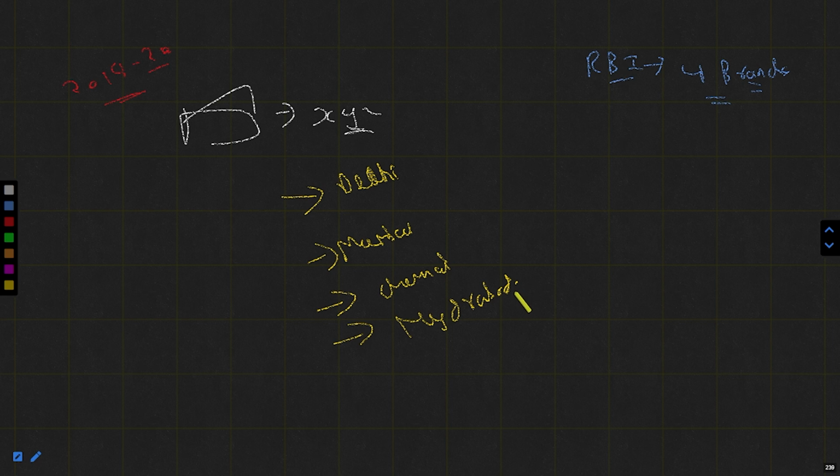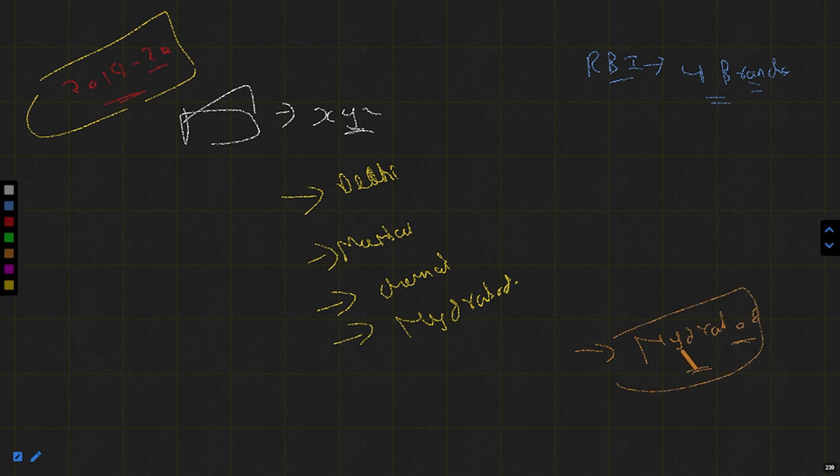Got it? So, in the year 2019-20, if they want to add more branches, like in Hyderabad or Chennai, in such a scenario, XYZ will not get approval from the Reserve Bank of India because the Reserve Bank of India has limited it to 4 branches a year.